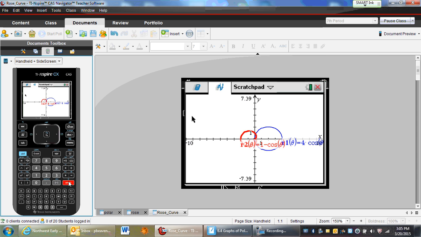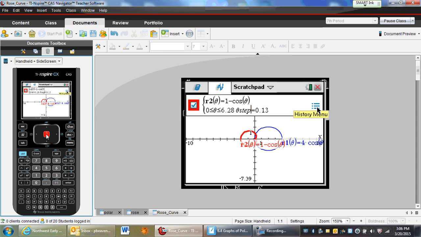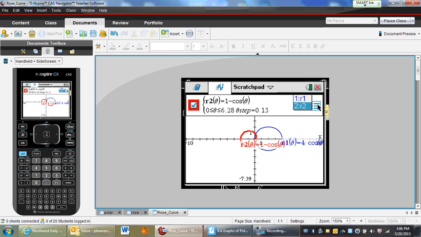Okay, and so enter. You guys see how the other graph is kind of in my way, so I don't like that. So I'm going to press tab, and then with my mouse pad, I'm going to scroll here under list, that icon right there. There you go. One thing you could do here is select your first graph, and then you could uncheck it, and then it will be gone.